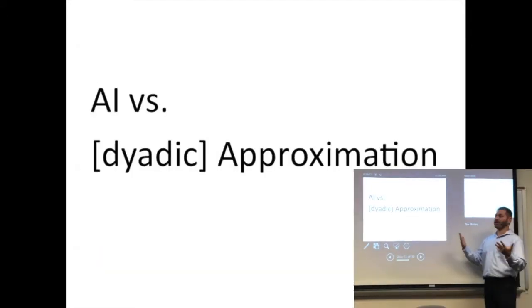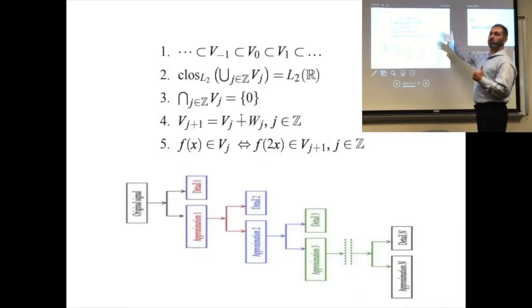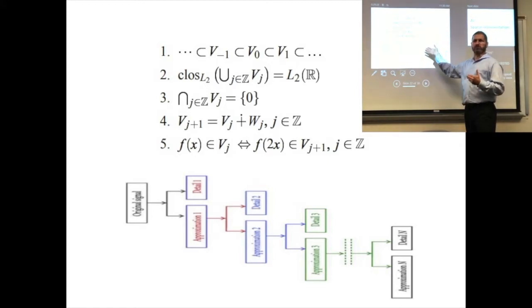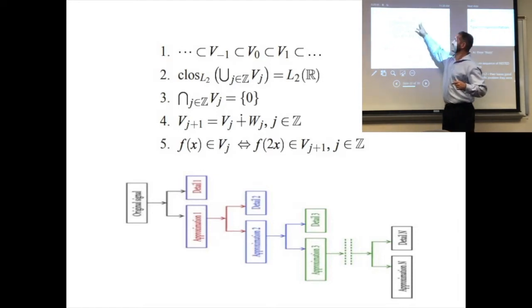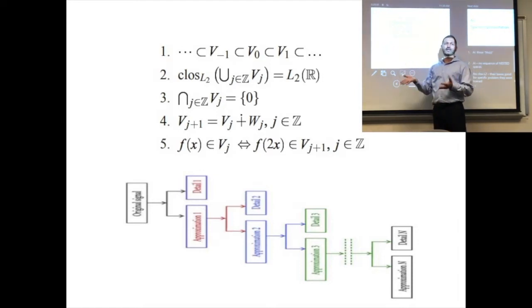Okay, so how does artificial intelligence or deep learning actually get it? Let's look at the assumptions of the classical approximation, and let's see how AI actually deals with them. Any multi-resolution analysis starts with a nested set of spaces.